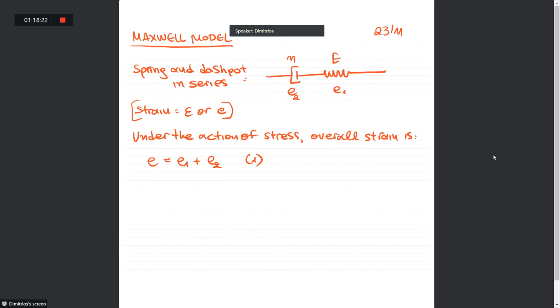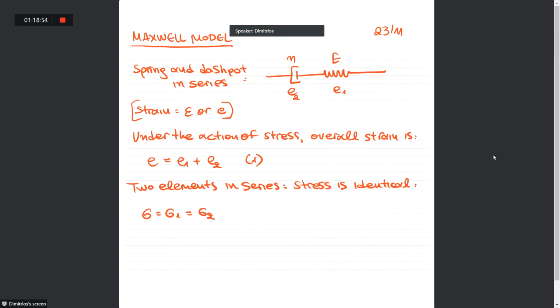So the stress in this case is identical. So sigma equals sigma 1 equals sigma 2.